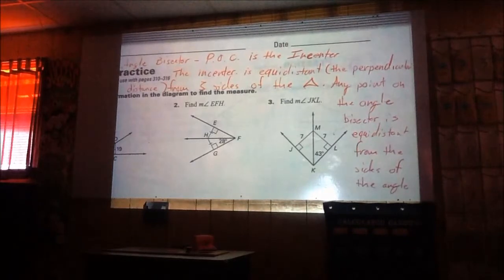And again, equidistant, you have to be talking about that perpendicular distance, because that is the shortest distance from a point to a line. And we've discussed this before in this class many times.